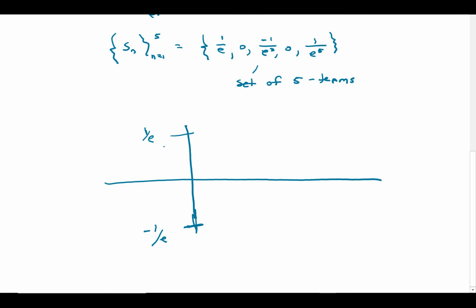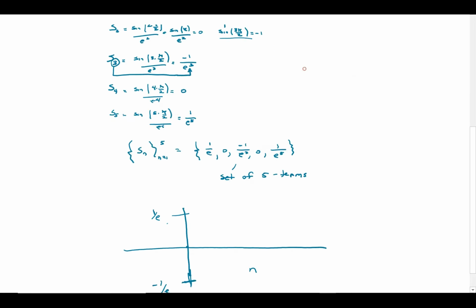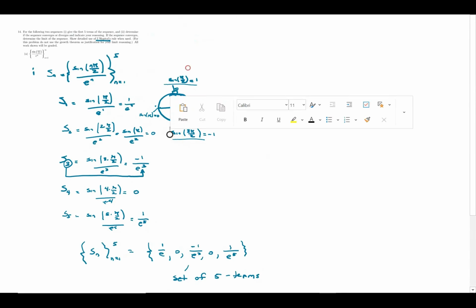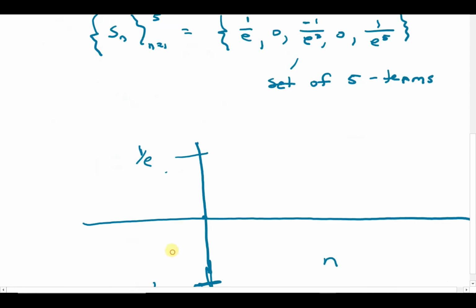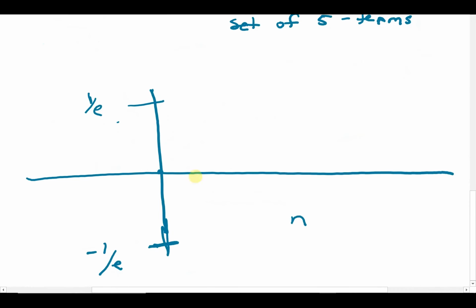Let's just say this is n. I believe it says start at 1, okay? So we're going to start at 1, 2, 3, 4, 5.